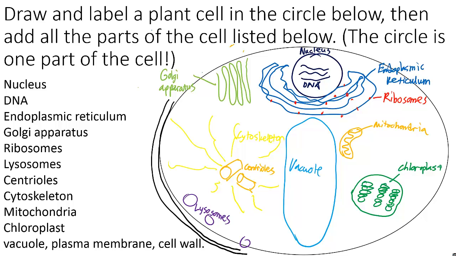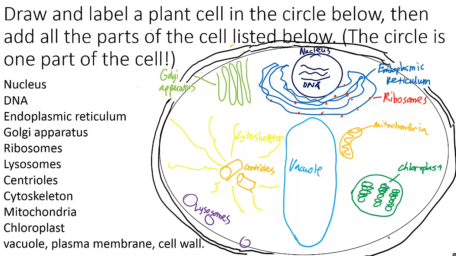And it goes all the way around the cell. Okay, so I can label that. That's the cell wall. And it's super thick, right? If I was going to color it in, it's super thick.